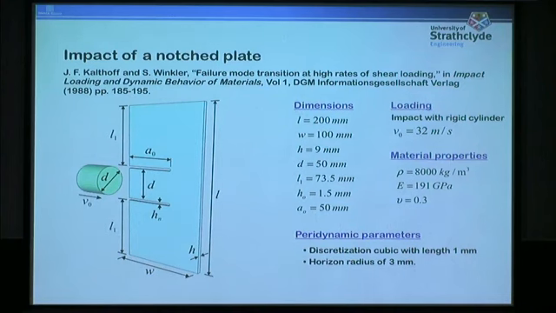And this is again a very basic benchmark problem for dynamic fracture for impact cases, which is called the Kalthoff-Winkler experiment. We have an impactor here, a thin steel plate, and two cracks here. Normally you may imagine that these cracks, whenever this hits, are supposed to just grow self-similarly, but since it's a dynamic situation, it grows at an angle.